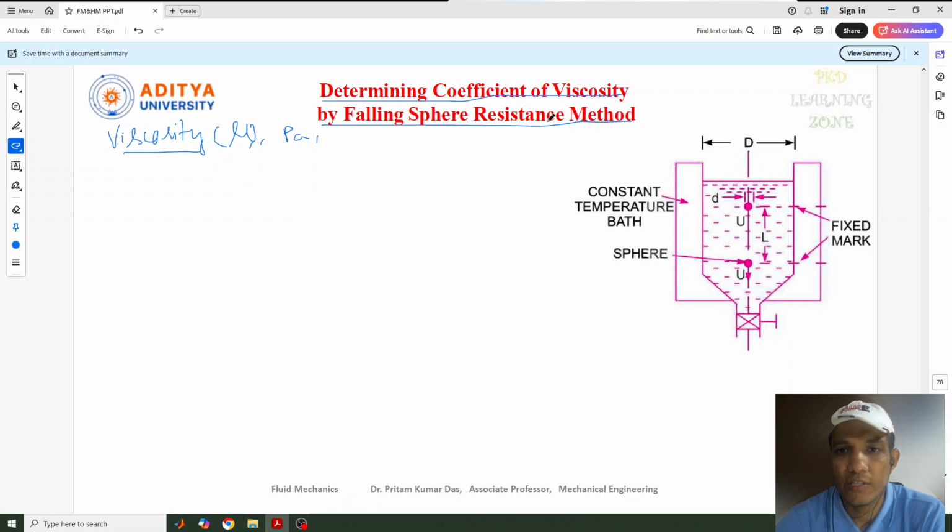Now coming to this method, the falling sphere resistance method. This method is based on Stokes law.